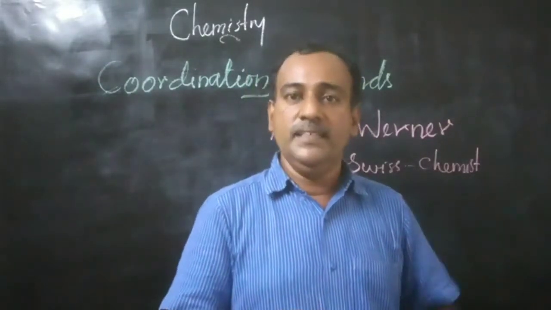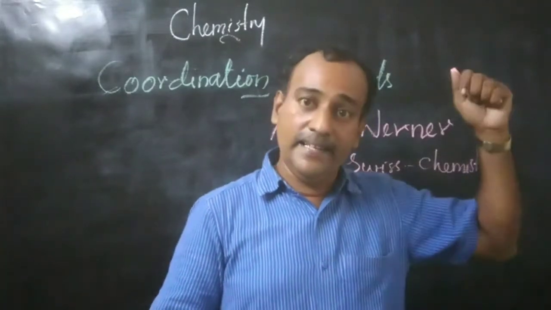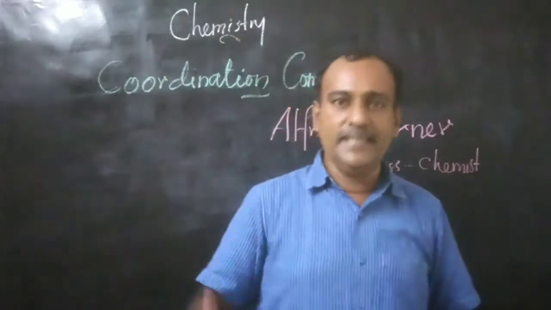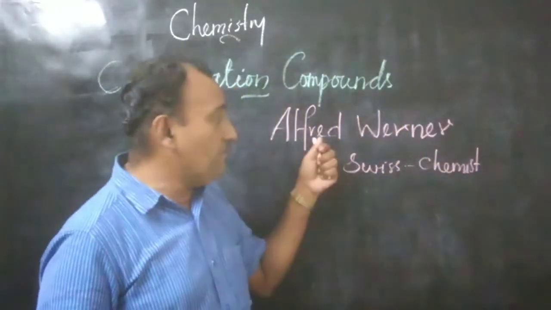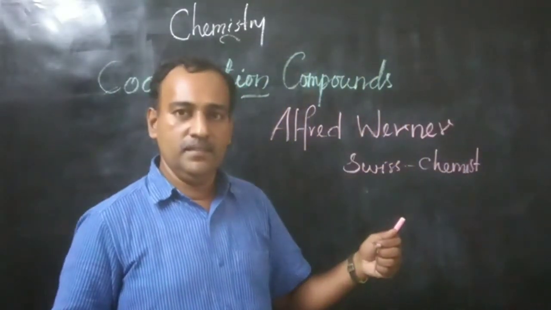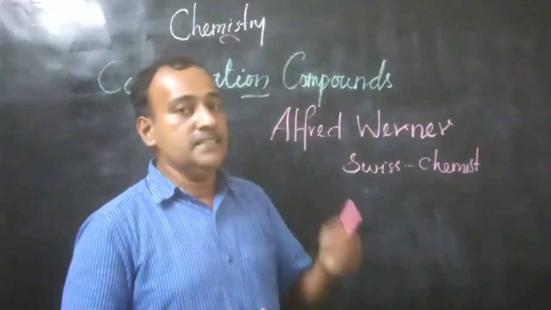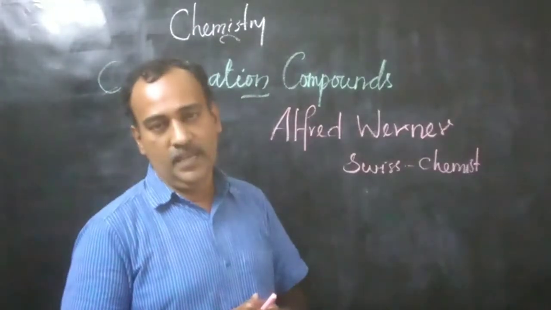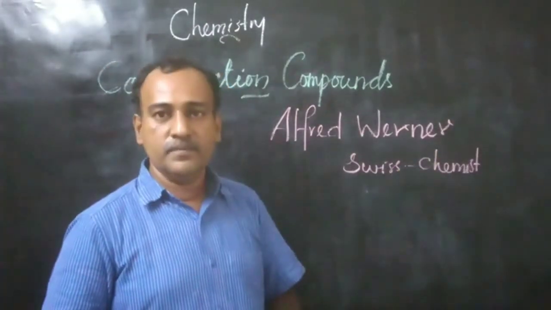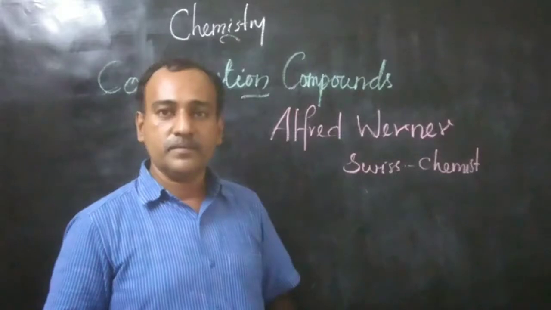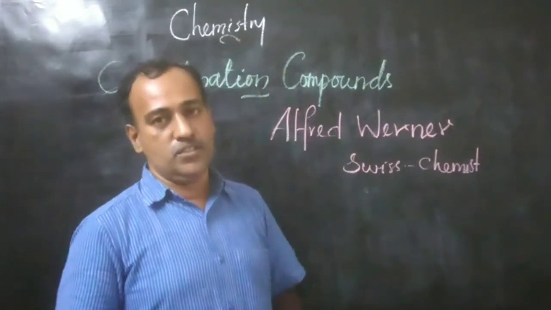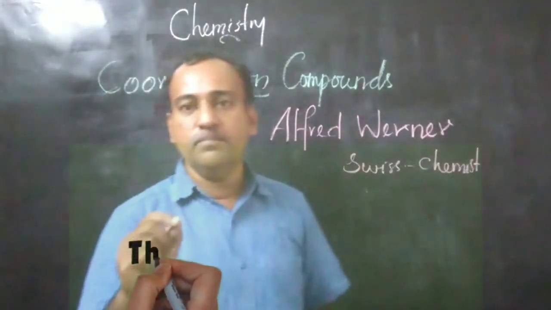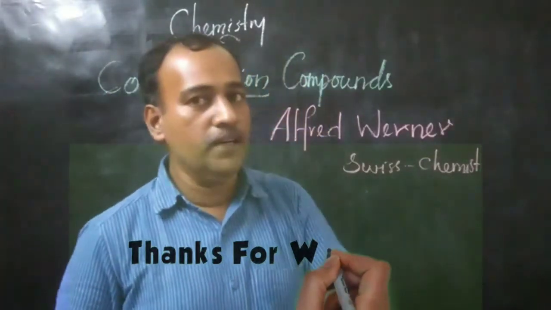That is why this compound was earlier called complex compound. But later, Alfred Werner was the first person who studied the bonding present in such compounds. He is a Swiss chemist. He studied the bonding in coordination compounds. That is why he is now called the father of coordination compounds. Who is the father of coordination compounds?